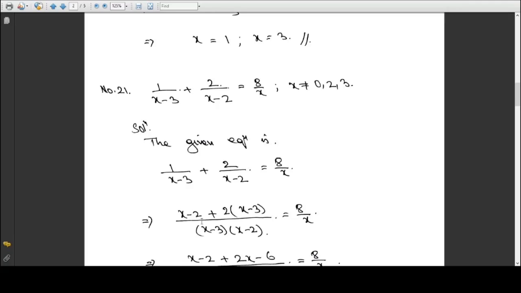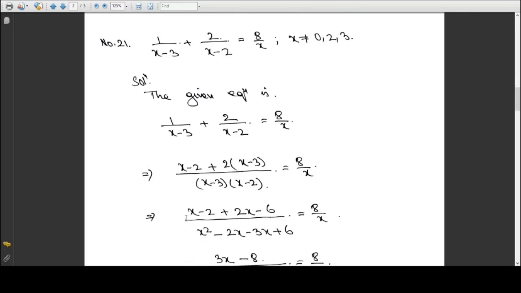Now for the next term, x minus 3 times x minus 2 divided by x minus 2, the x minus 2 gets cancelled. You have x minus 3, and on multiplying with 2 you have to multiply with x minus 3, and the right side is the same. Now do the multiplication: x minus 2 plus 2 multiply x is 2x, plus minus is minus, 2 multiply 3 is 6.